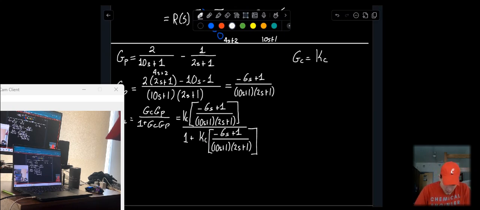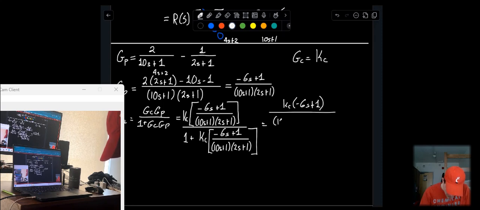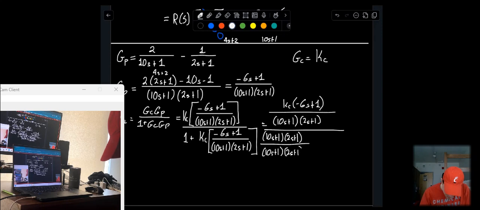Okay. So let's attempt to combine fractions here. So Kc times negative 6s plus 1 over 10s plus 1, 2s plus 1 over 10s plus 1, 2s plus 1, and that's just rewriting our 1 there.